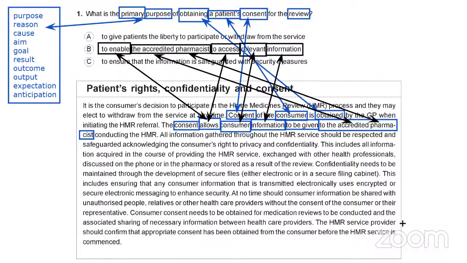So that's very important. The word purpose. Focus on that particular word, purpose.